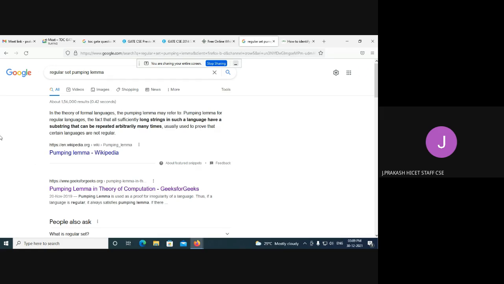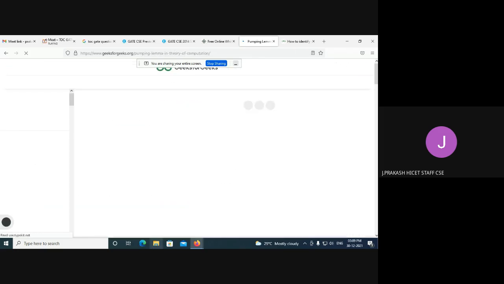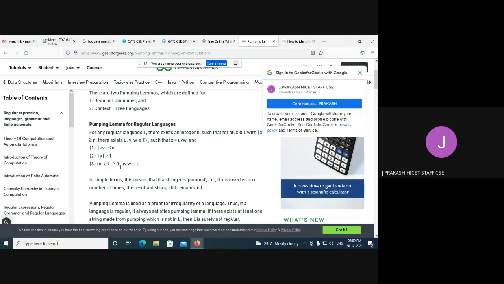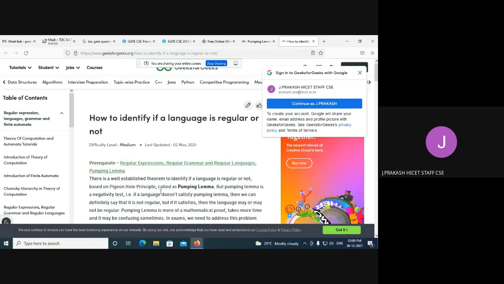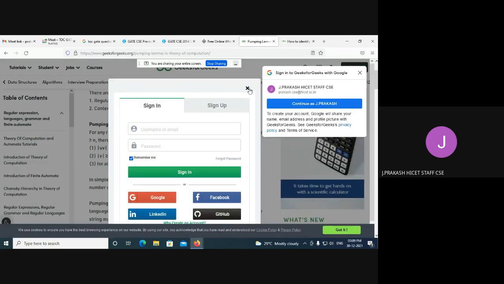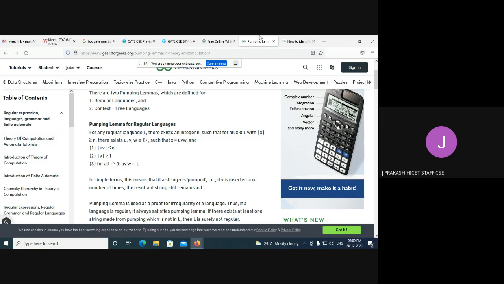The concept used here is the pumping lemma. Here they have used U, V, and W. This is U, this is V, and this is W. First condition: what is the first condition?